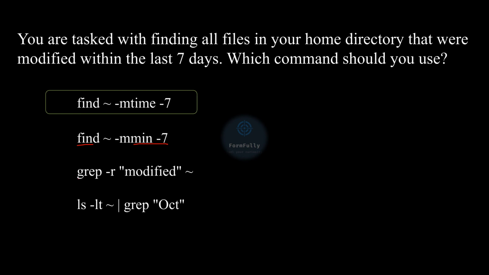Option 3 is incorrect as it searches for files containing the text "modified" but doesn't filter by modification time. Option 4 is incorrect as it lists files sorted by modification time and filters those modified in October, which is not the same as the last 7 days. So the correct option is A.